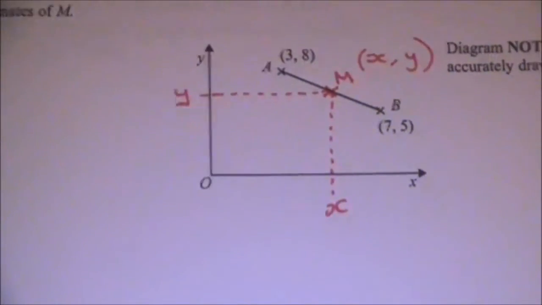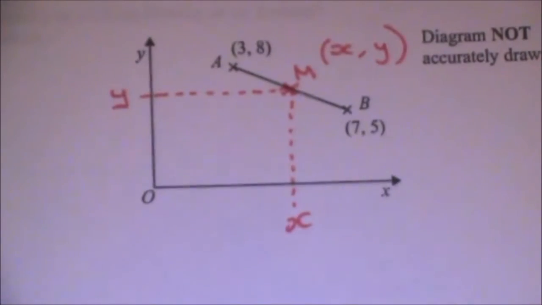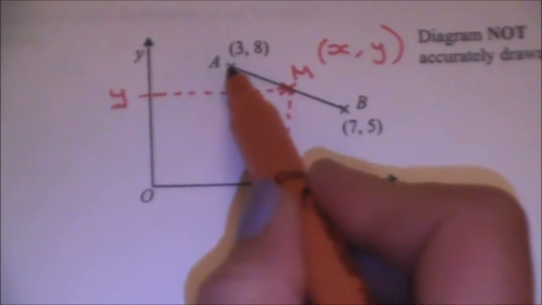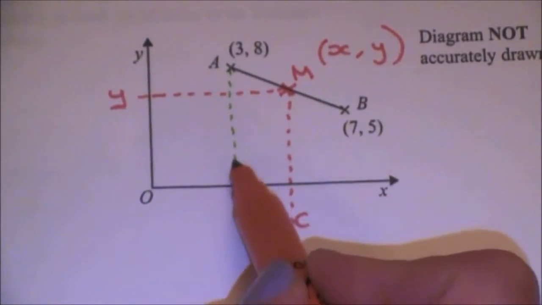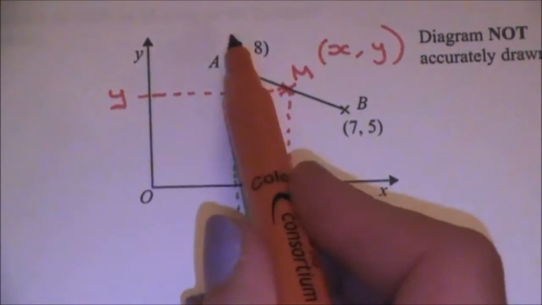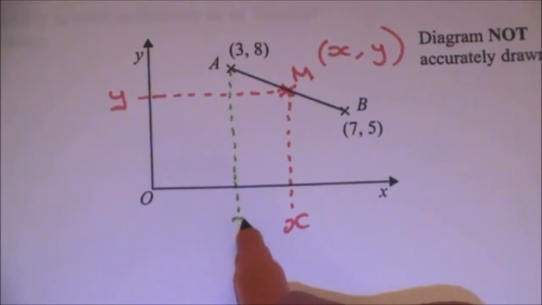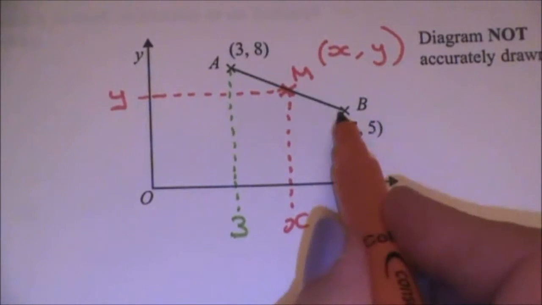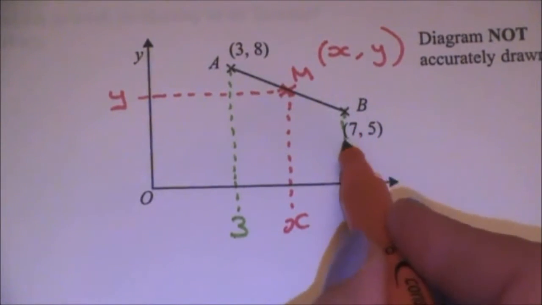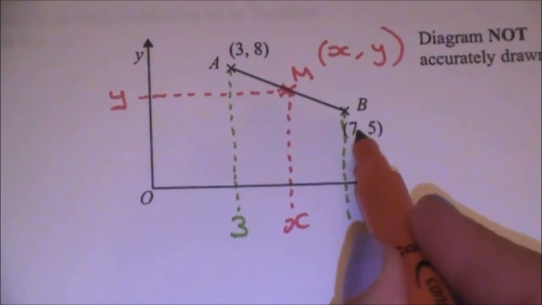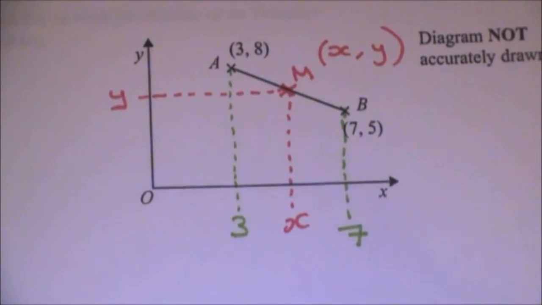Let me zoom. So I'm going to take this point, point A, and I can see that on the x-axis, point A is at 3, and point B on the x-axis is 7.